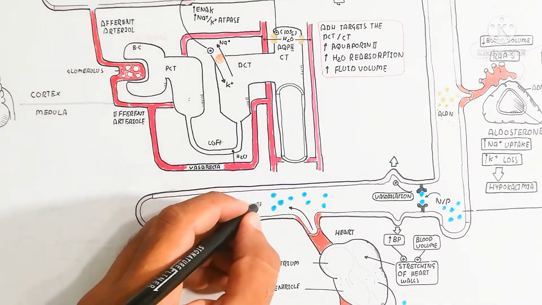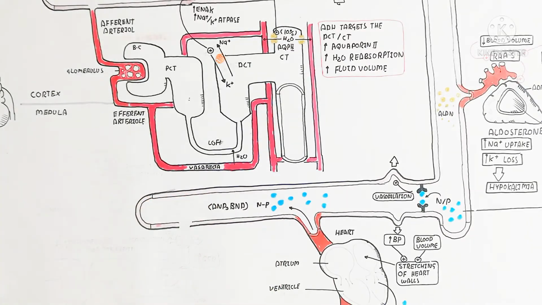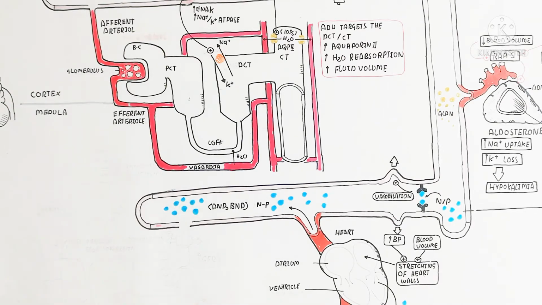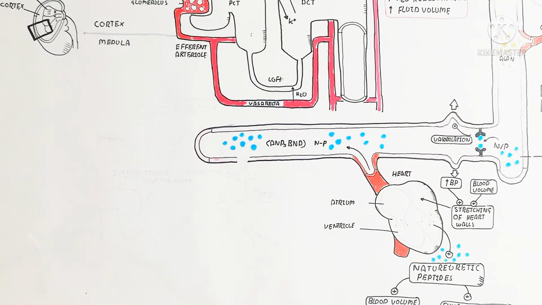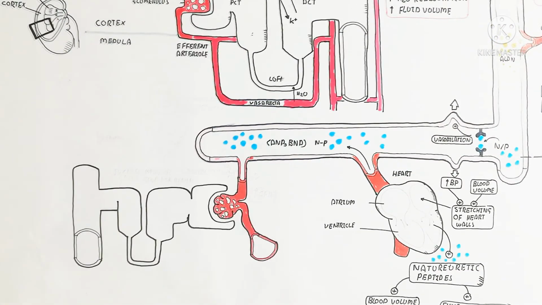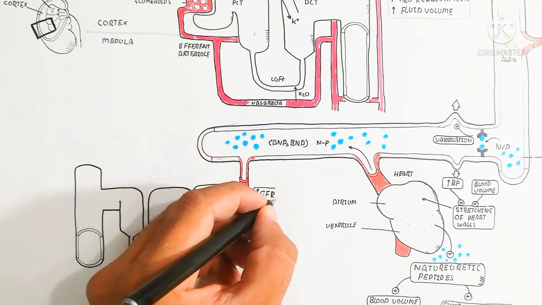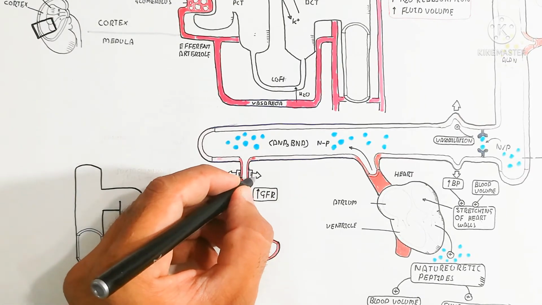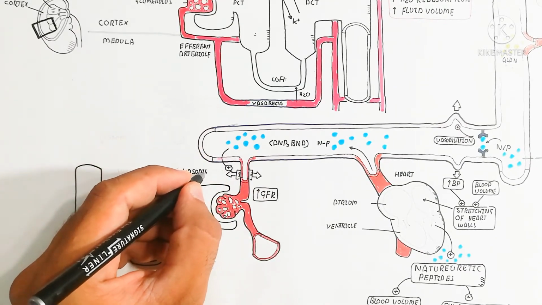Basically, the natriuretic peptides are of two types, ANP and BNP. The natriuretic peptide also targets vasodilation of the afferent arteriole of the nephron at the glomerulus to increase the glomerular filtration rate, which means increased filtration of sodium and potassium.